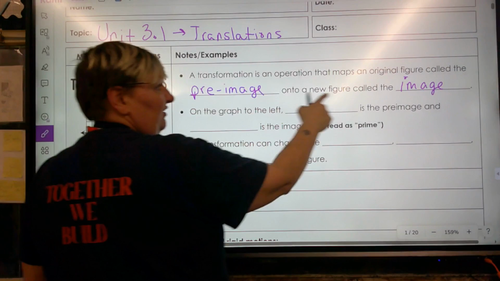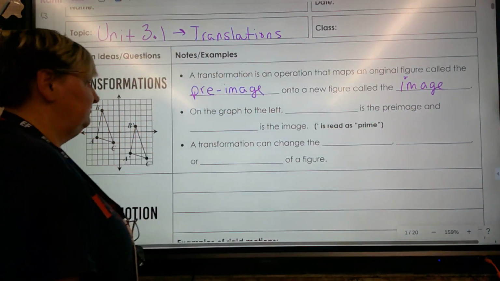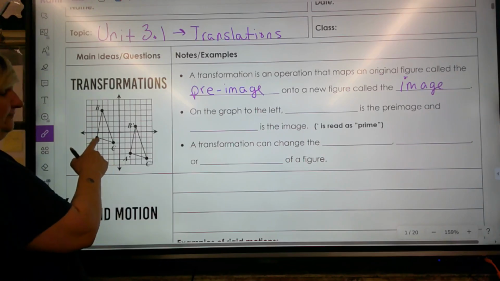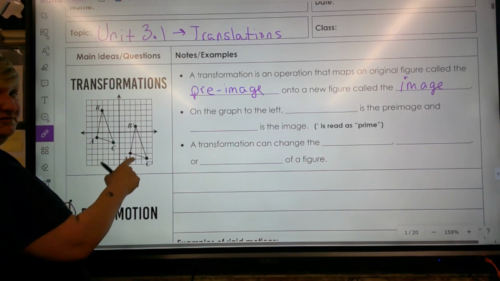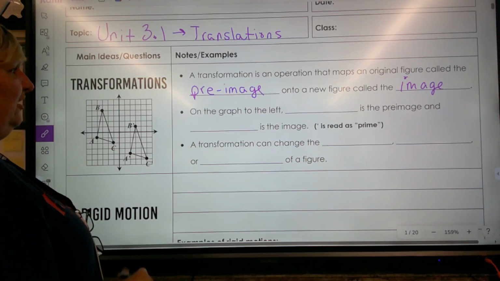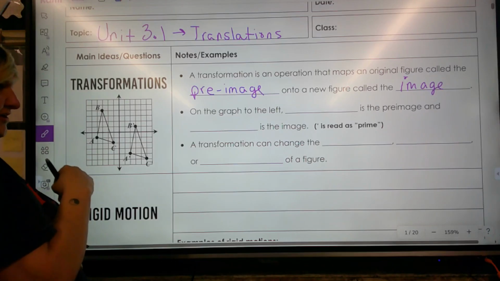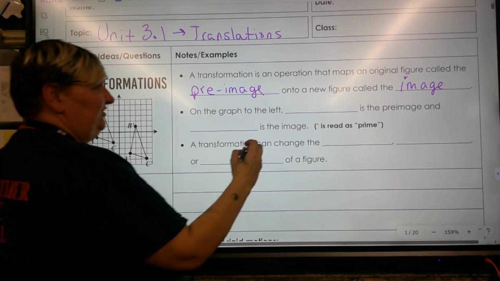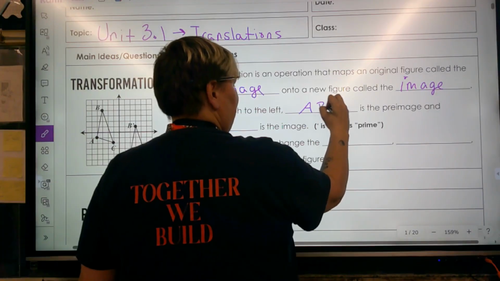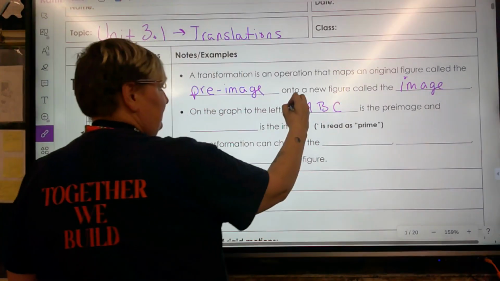Before, after. Get it? On the graph to the left, ABC is your pre-image, right? Triangle ABC.